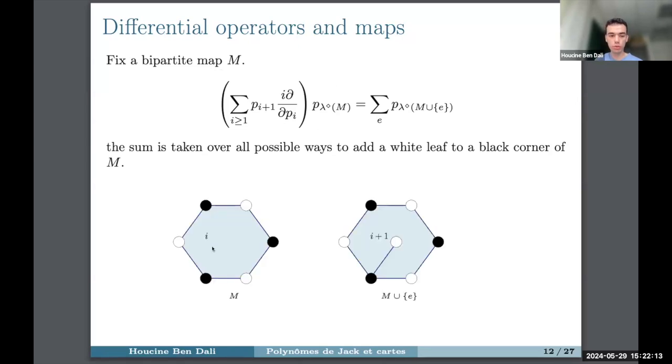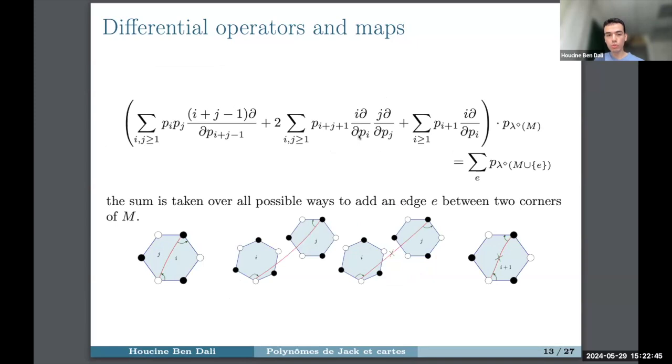So this means that we choose a black corner on the map and we add a white vertex. How do we understand this? First we have to pick a face which has some degree 2i. So this corresponds to the derivation with respect to p_i. And then within this face, we choose a black corner, so we multiply by i. And then the face obtained will have degree 2i plus 2. So it corresponds to p indexed by i plus 1 here.